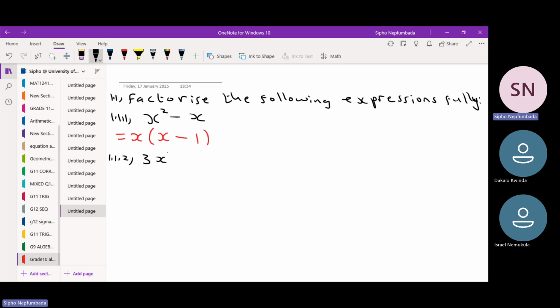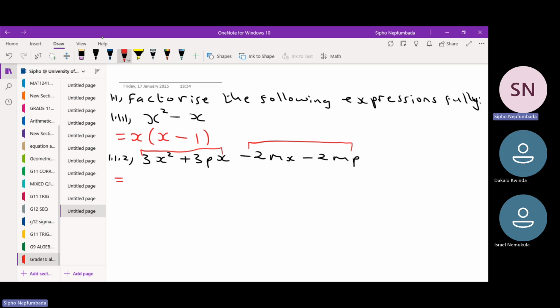Let's say we've got 3x squared plus 3px minus 2mx minus 2mp. So we can group those ones on the first bracket and we group those ones on the second bracket.